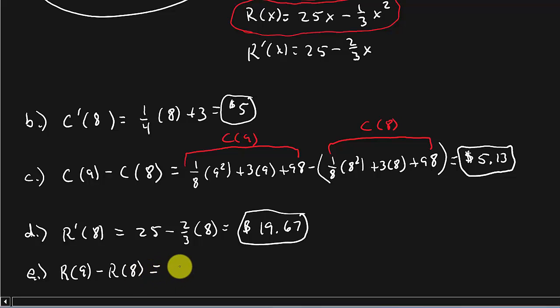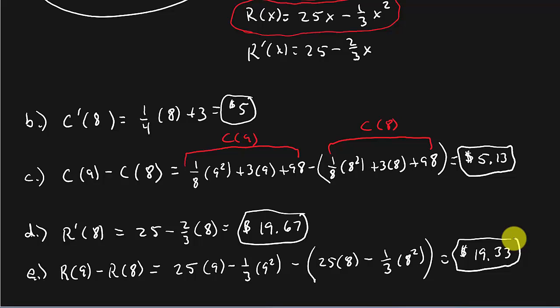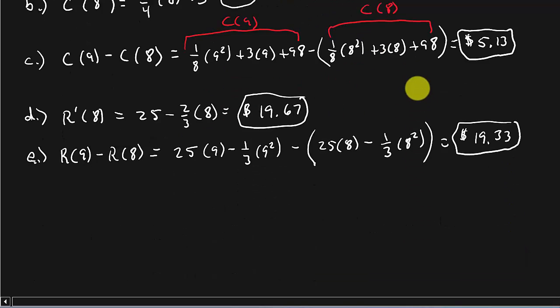So that's going to be 25 times 9 minus 1/3 times 9 squared minus, and then don't forget to put R of 8 in parentheses, 25 times 8 minus 1/3 times 8 squared. And when you punch that in, that's going to give you $19.33. And there's your answer. All right. So, it's not a bad problem. Not bad at all. All right, let's look at some more examples.